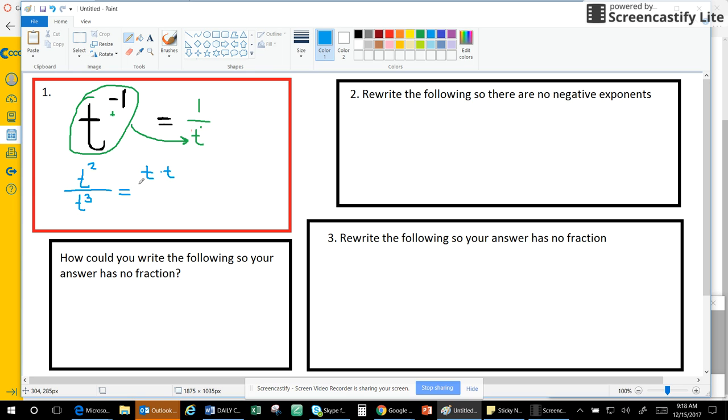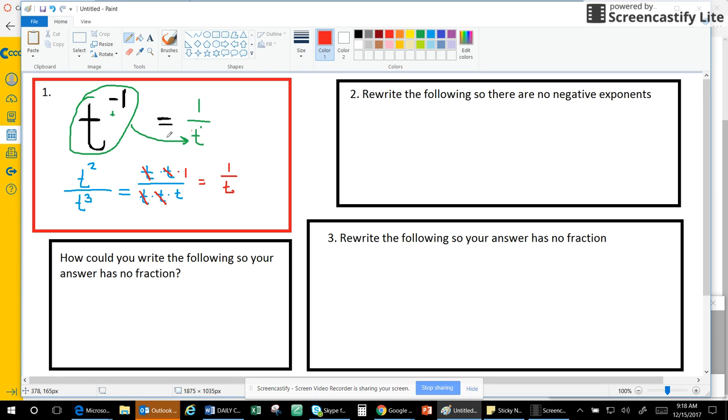The top would be t times t. The bottom would be 3 t's multiplied together because of the third exponent. And if we start crossing out, t divided by t is 1, t divided by t is 1. I get nothing left, so I put a 1 on the top. And if you look, we end up with 1 over t. So these negative exponents are generated by that division rule.